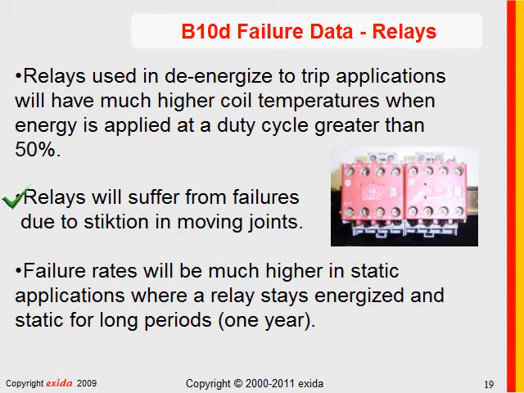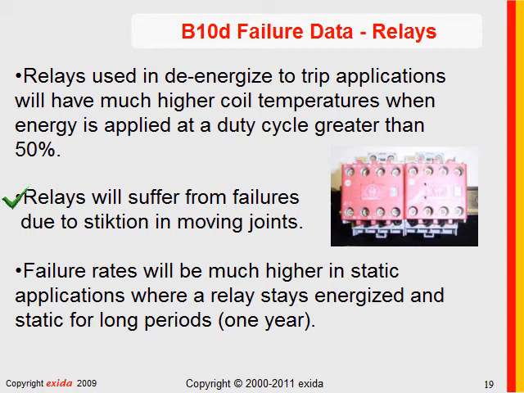Relays will absolutely suffer failures due to stiction in all moving joints, depending on the complexity of the design and potential bearings and so forth. Most designs are simple metal on metal or a flexible member.